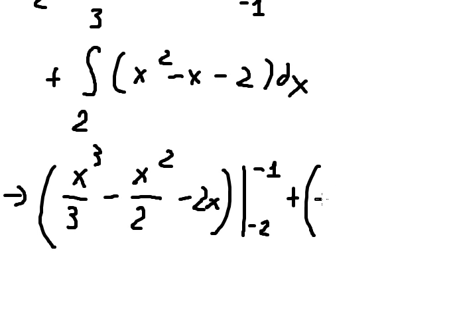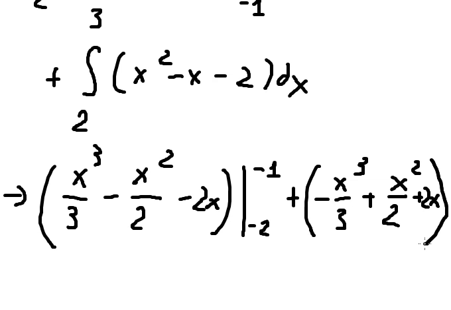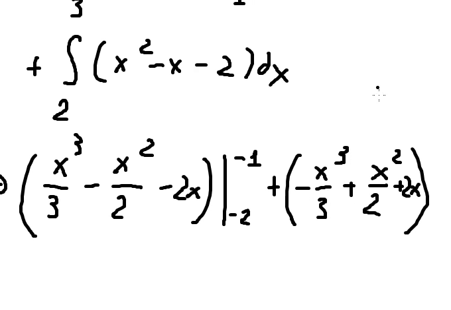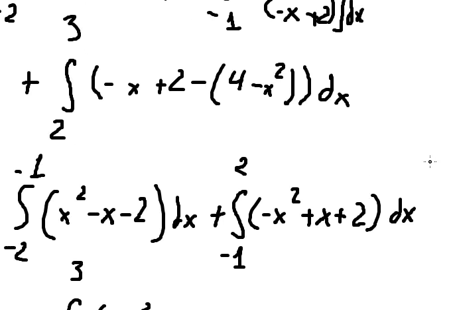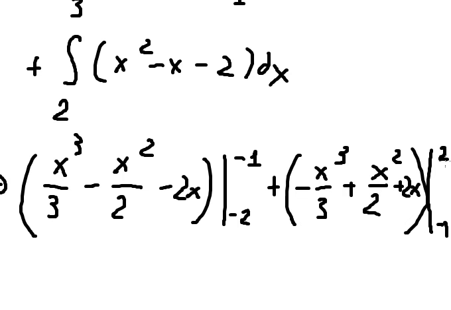The next one, we have negative s to the power of 3 over 3 plus s squared over 2 plus 2s, and we put the bounds from negative 1 to positive 2.